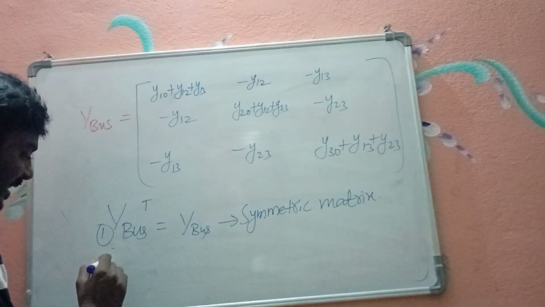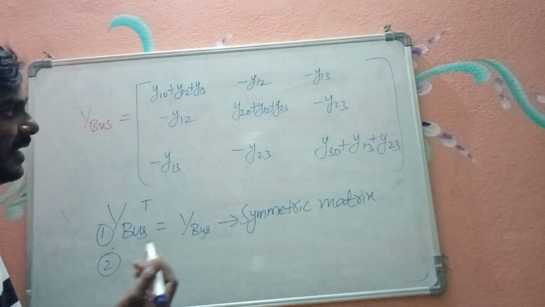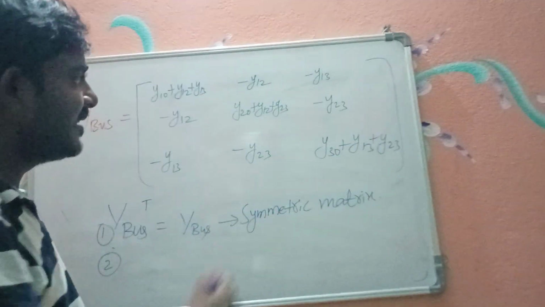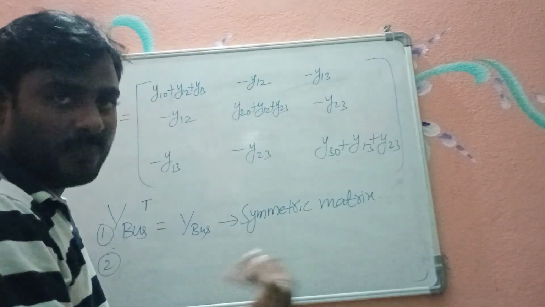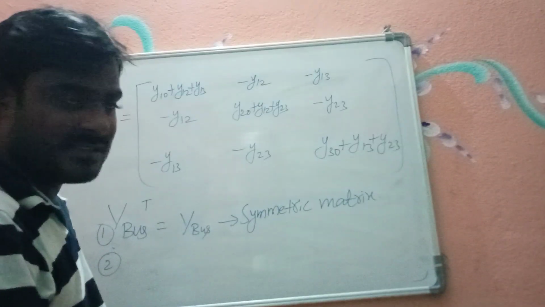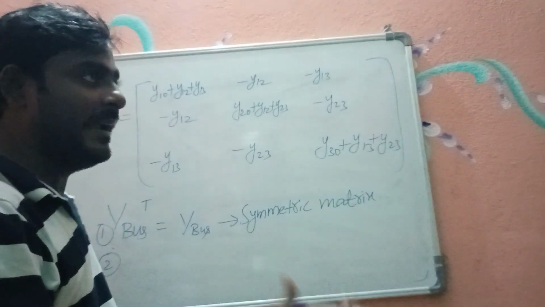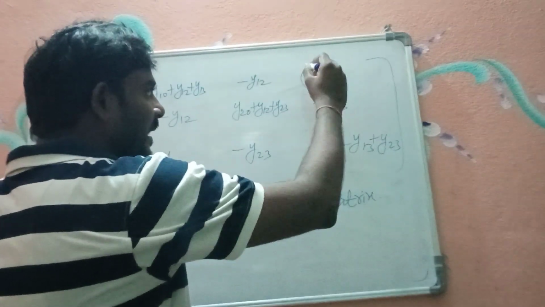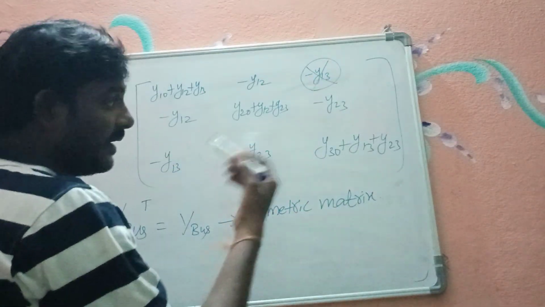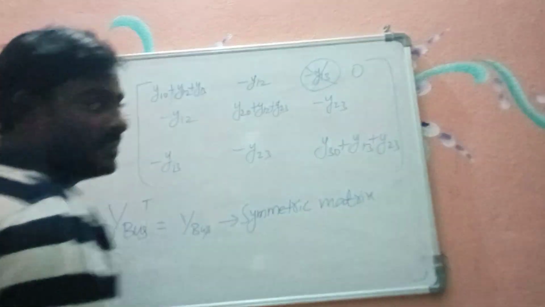And the second fact is, in between each pair of buses, there is no guarantee that a transmission line is present. Sometimes there is no transmission line between 1 and 3. In that case, you will have this element as 0.